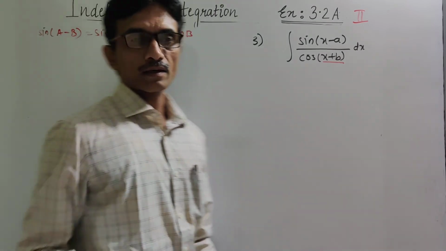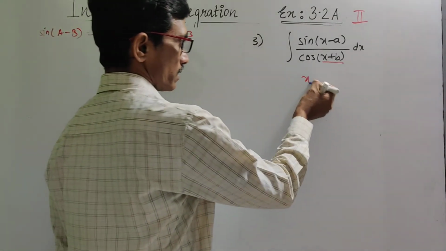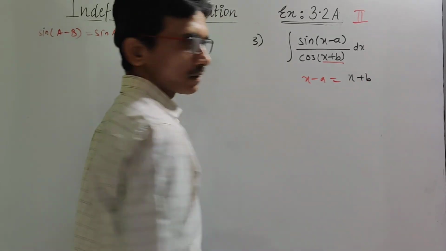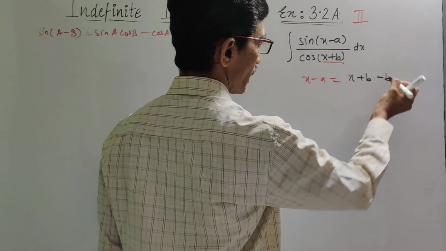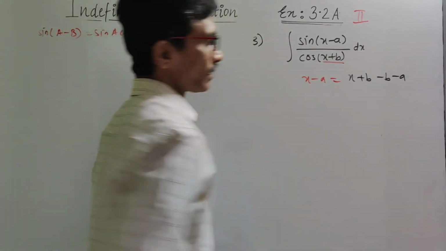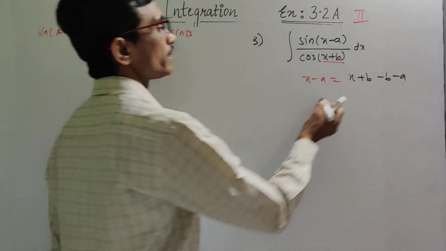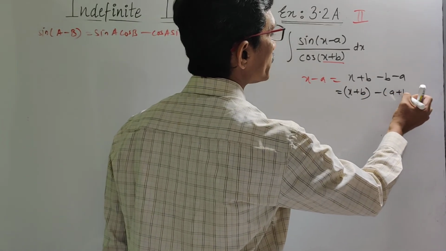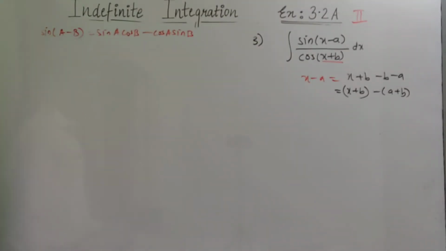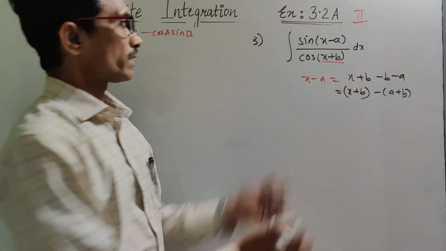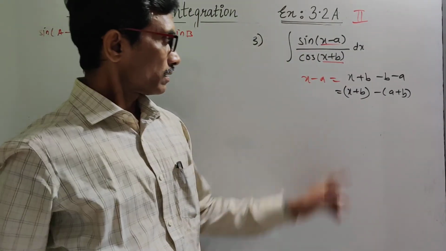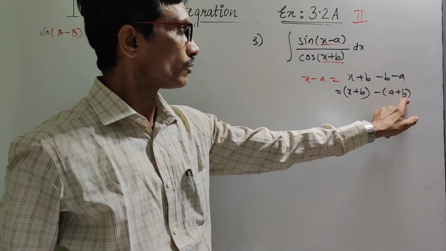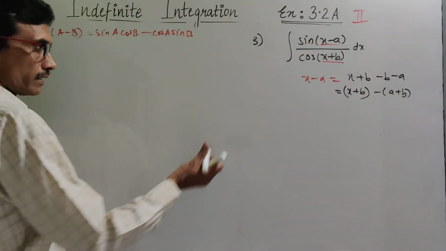So how can we arrange this x minus a? x minus a we will write as x plus b minus b, and this minus a is already there, so that we can write it as x plus b minus of (a plus b). So in the numerator, this x minus a we will write in terms of x plus b minus (a plus b) whole.